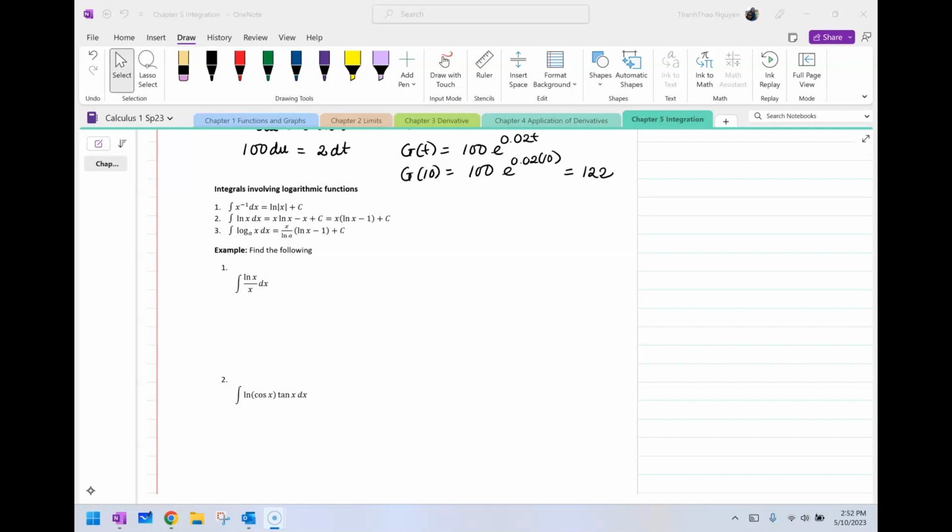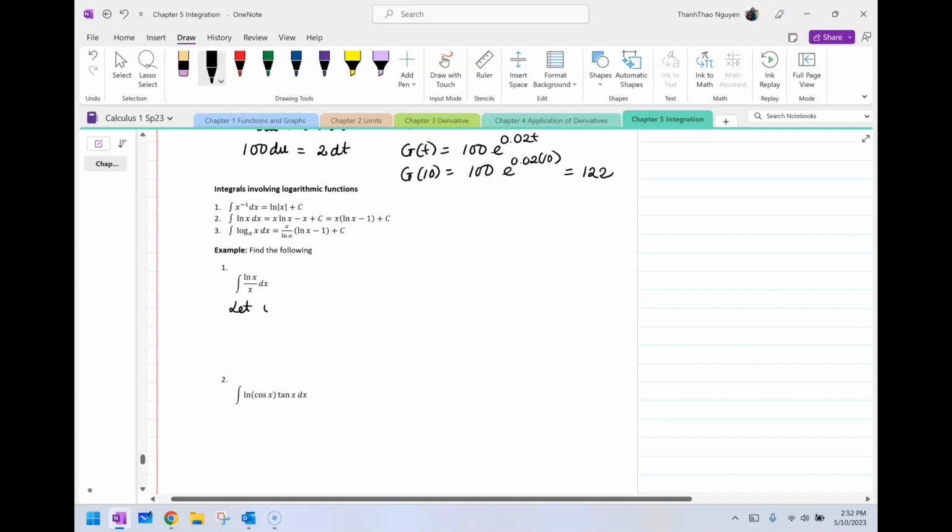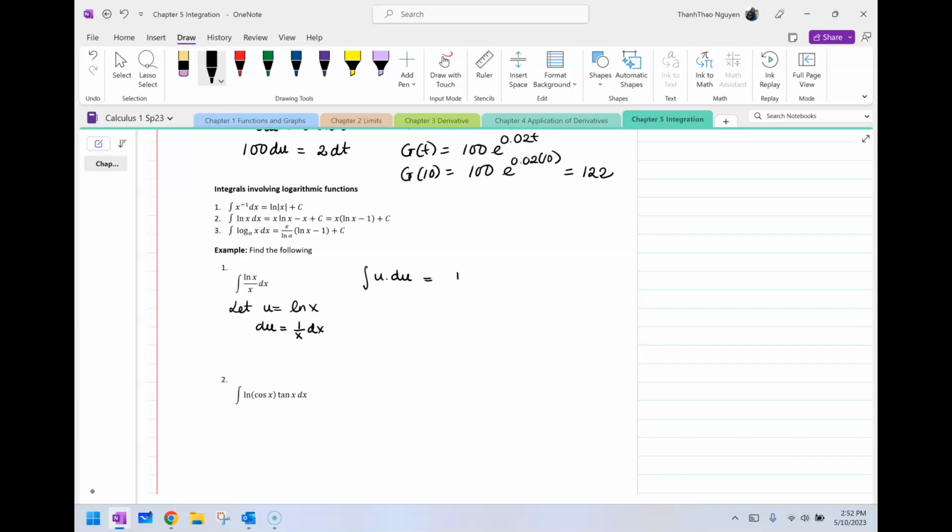So let's start with let u equal to ln of x. So then here du is equal to 1 over x dx. Our integral now becomes the integral of u du, that equals 1 over 2 u squared plus c, that is 1/2 ln of x squared plus c.